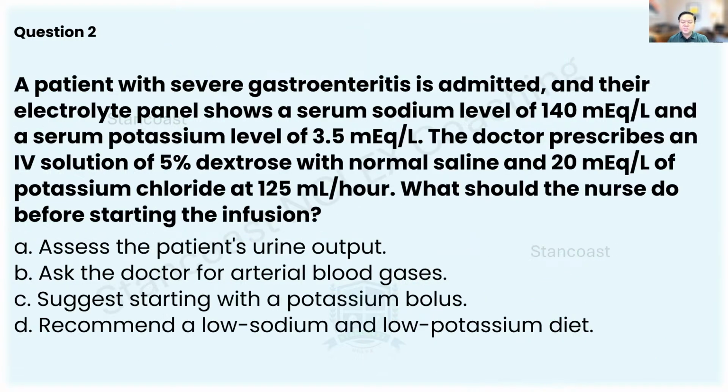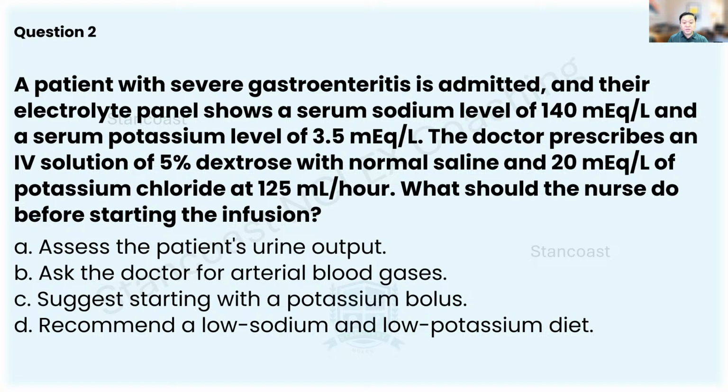A patient with severe gastroenteritis is admitted and their electrolyte panel shows a serum sodium level of 140 milliequivalents per liter and a serum potassium level of 3.5. The doctor prescribes an IV solution of 5% dextrose with normal saline and 20 milliequivalents per liter of potassium chloride at 125 mL per hour.